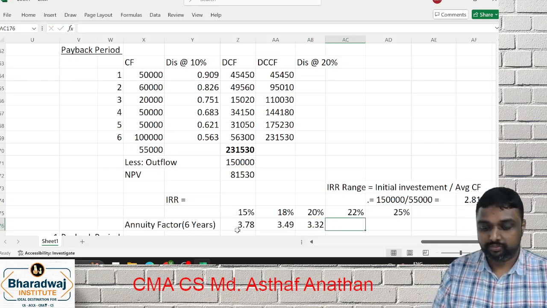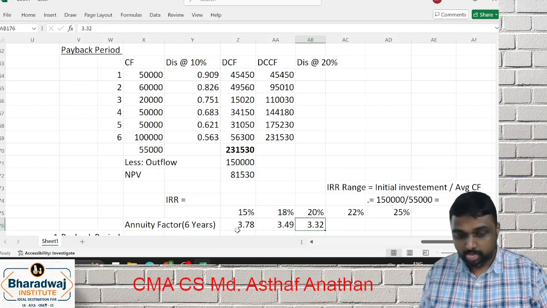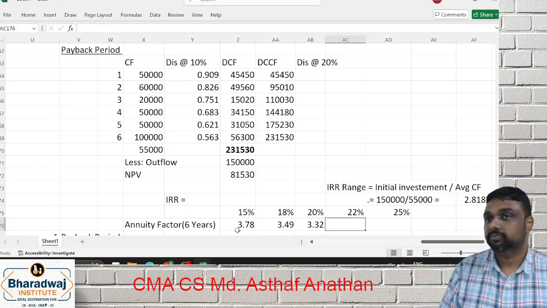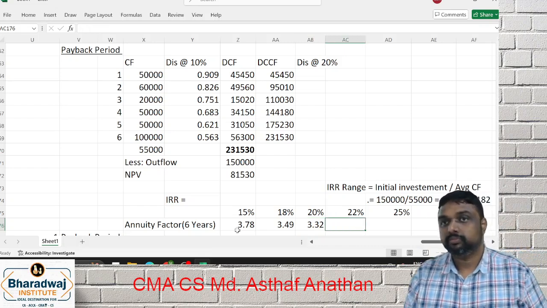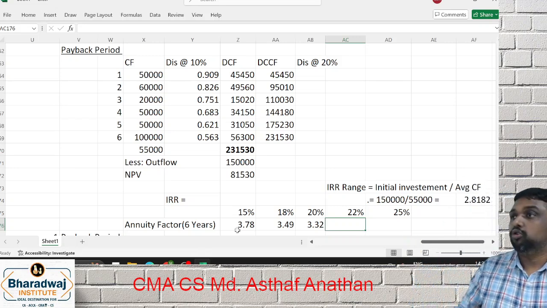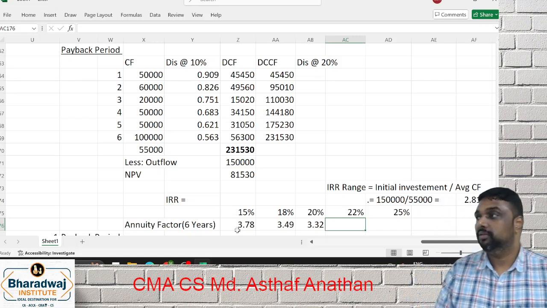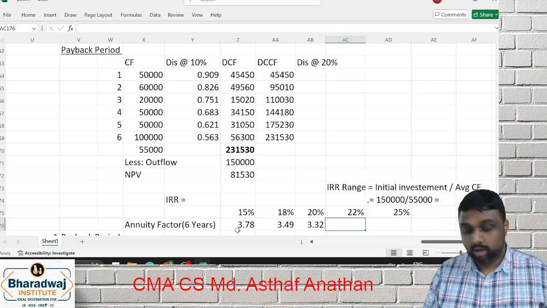3.32. Next year, 32 is not. What is that? Next. Come on. How to do 1 divided by 1.22 is equal to 6 times. What is next? 2 point.